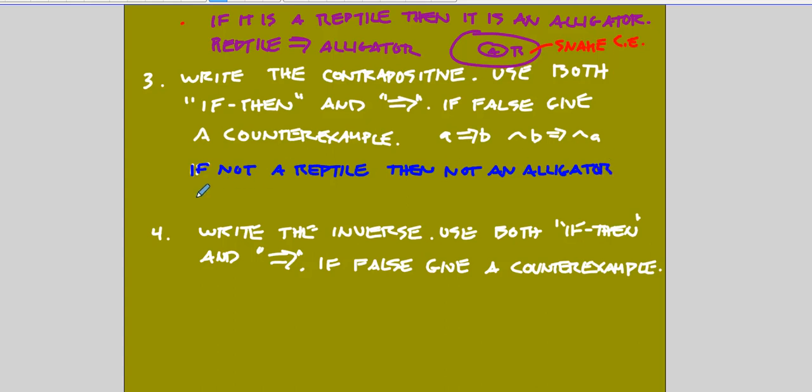And using the implies symbol, that would be not reptile implies not alligator.